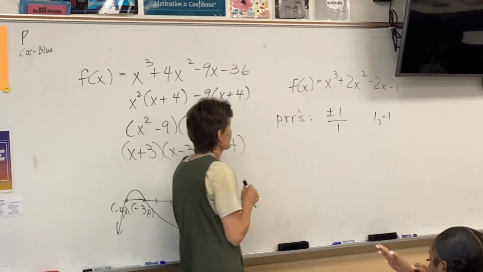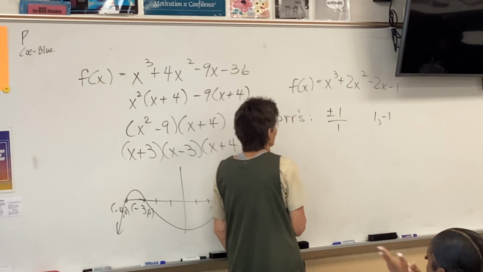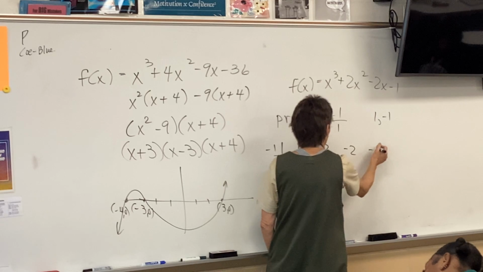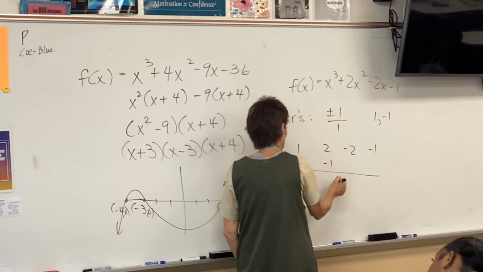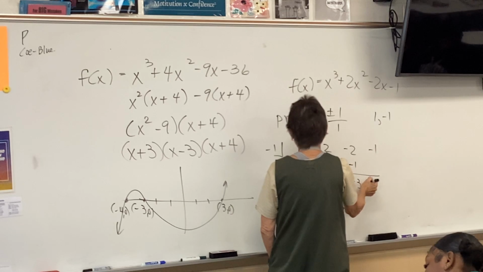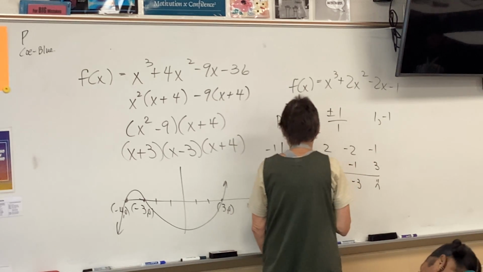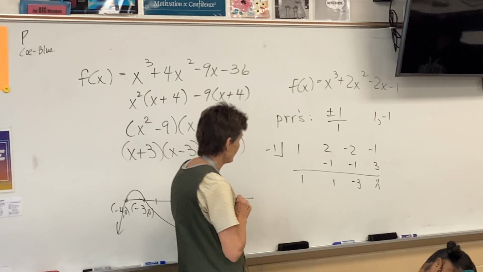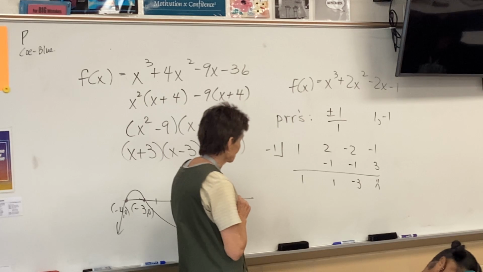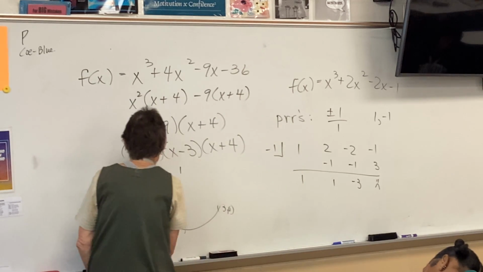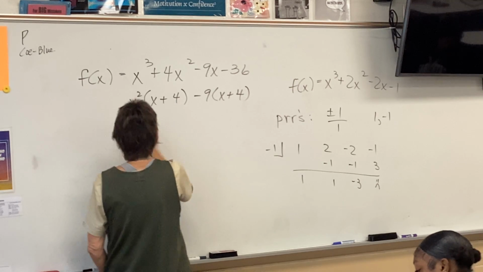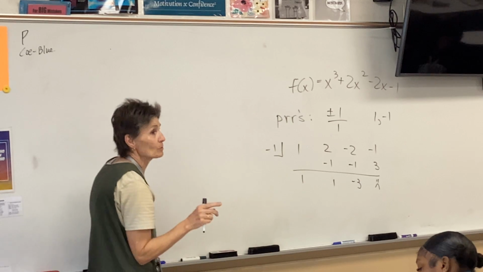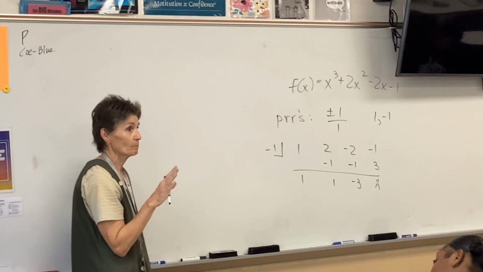So what do you wanna try first? -1. Uh-oh. Unless I made a mistake, I don't think -1 worked. So I guess I'll try positive 1. There are no other rational numbers that could possibly work.